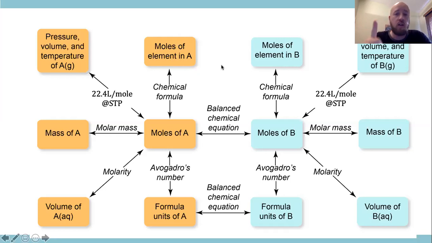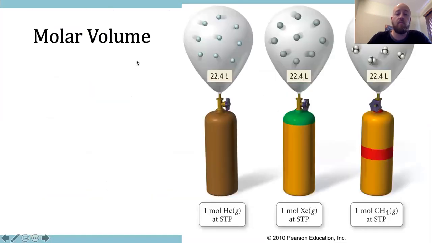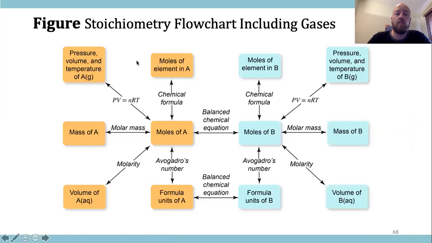So it allows you to still do pretty much most of our stoichiometry problems in about 3 steps. Now, here's the key: this only works at STP. If it's not at STP, you have to use PV equals nRT. So it doesn't make it quite as nice and neat.